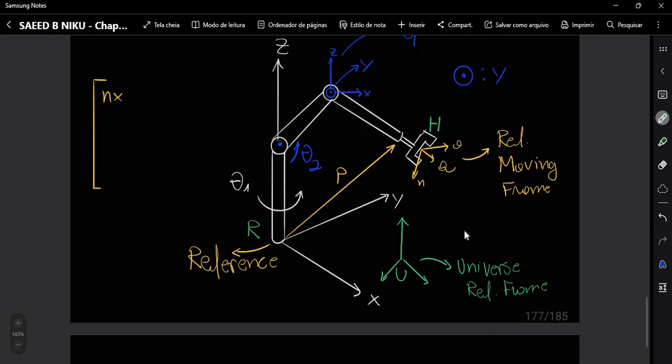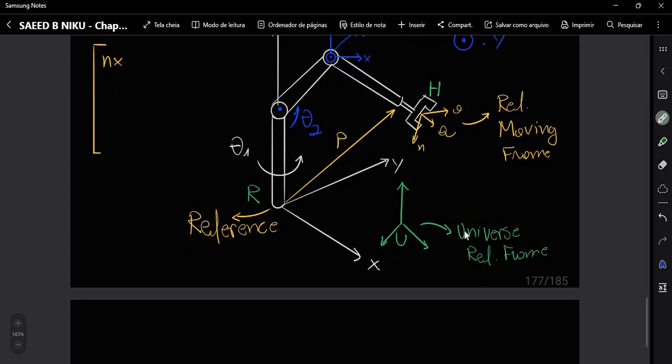And we can write a transformation, something like that, a transformation of the H frame in relation to the R frame.